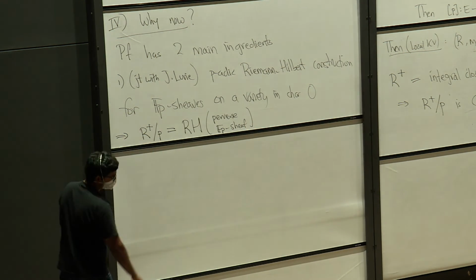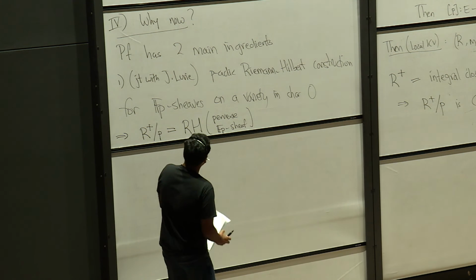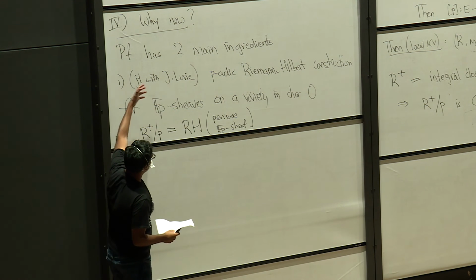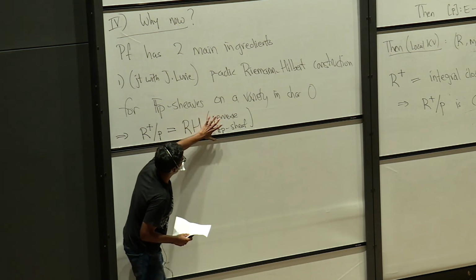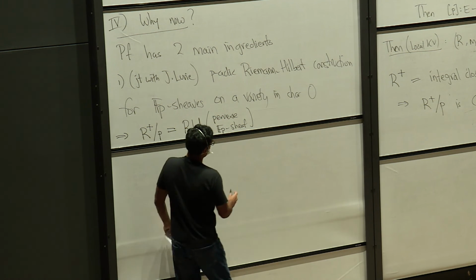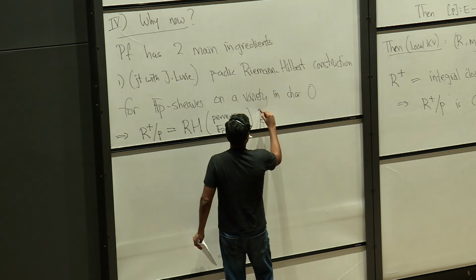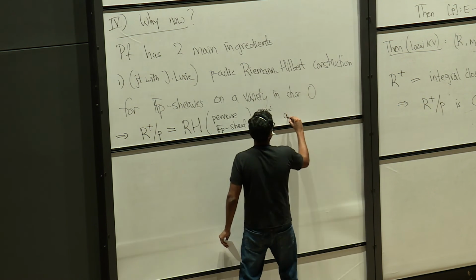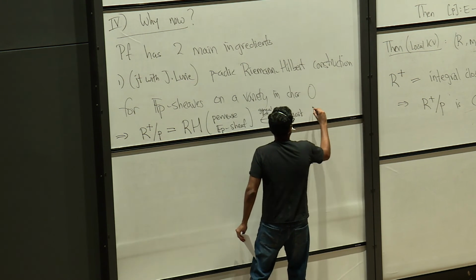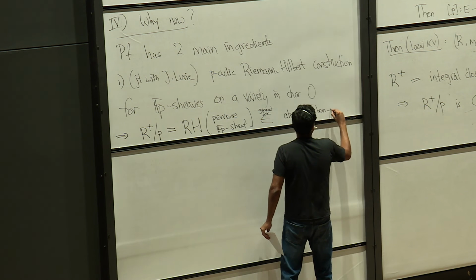OK, so that's some calculation you have to do. And then there's this general result analogous to what happens in Saito's theory, that if you look at sort of the coherent counterparts of a perverse sheaf, they have good commutative algebra properties. And so this is a general fact, that these things are almost Cohen-Macaulay in a slightly technical sense.